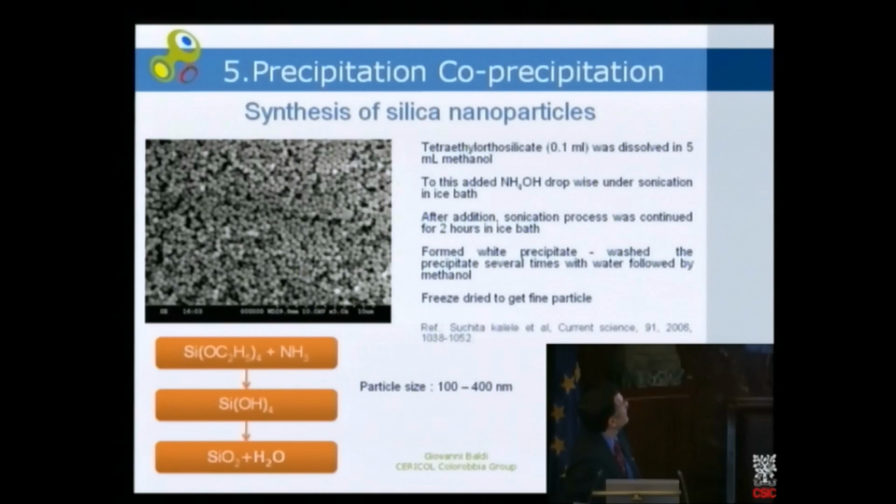Then after addition and sonication, we obtain silicon hydroxide, and then we can dry it to get fine particles of silicon oxide. This is the picture of this preparation.